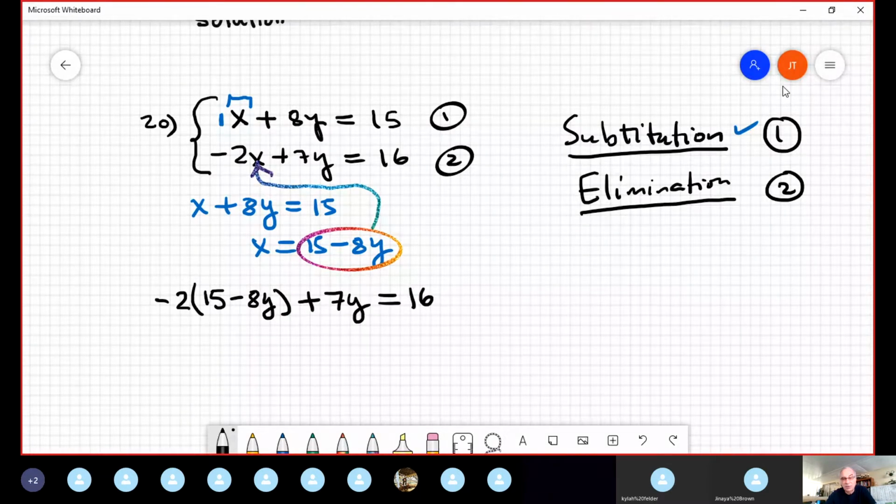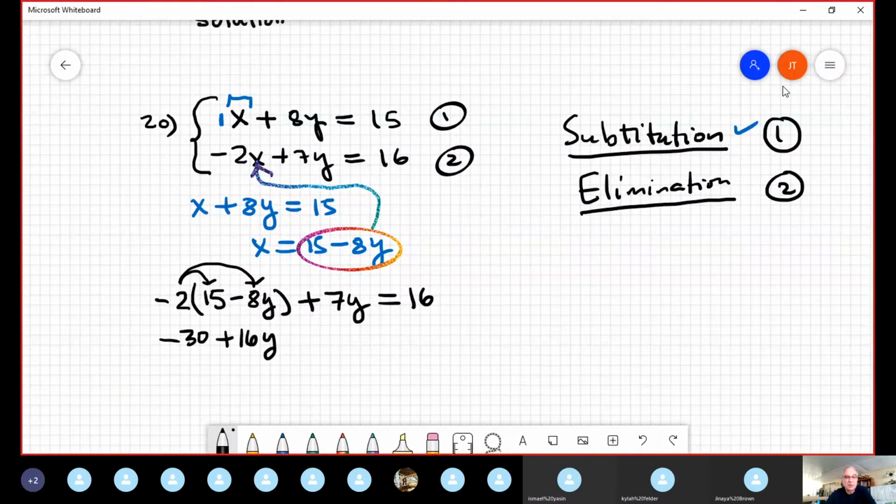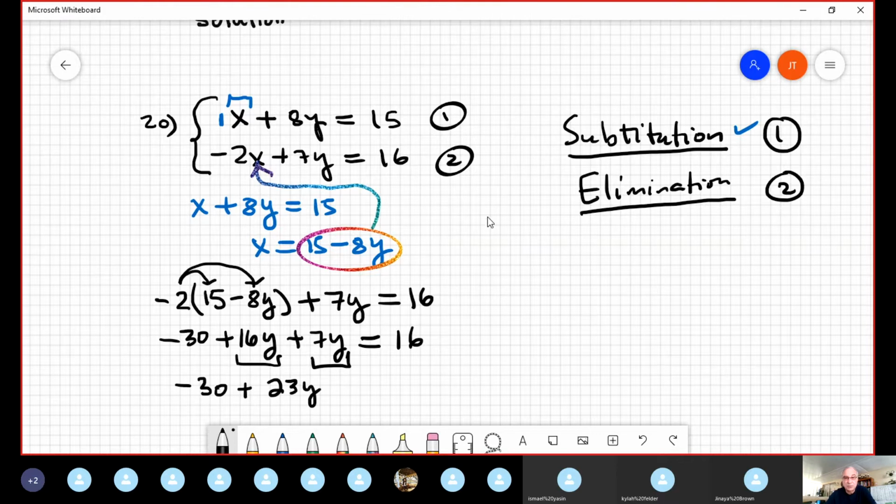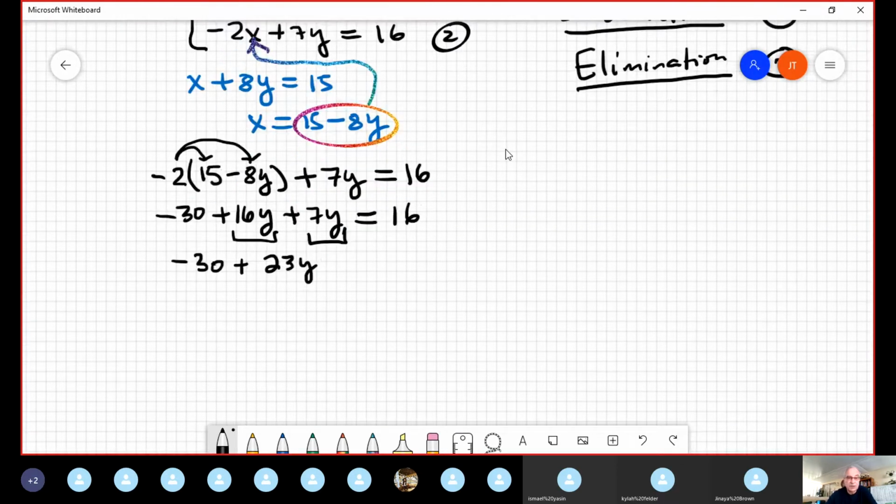In that moment we have one equation that contains only one variable, y. You remove the parentheses, apply the distributive property: minus 30 plus 16y plus 7y equals 16. We combine like terms here and here: minus 30 plus 23y, because 16 plus 7 is 23, equals 16.